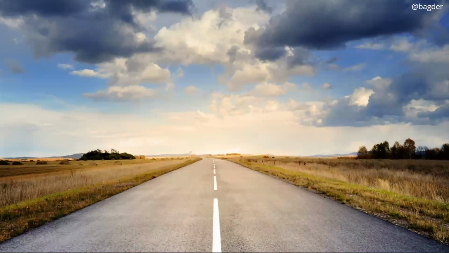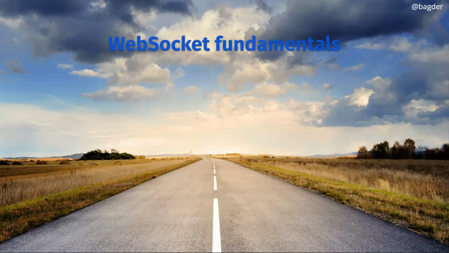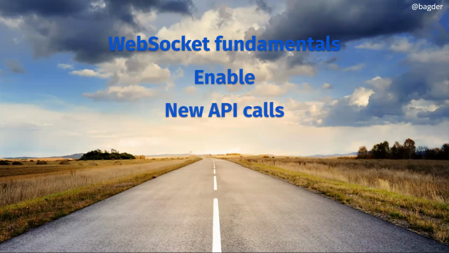So this is sort of what I plan to do today. First, just a few fundamental things about WebSocket, the protocol, a little bit how it works, what's the difference compared to other protocols, how you enable it in cURL, and a brief overview of the new API calls to manage WebSockets.